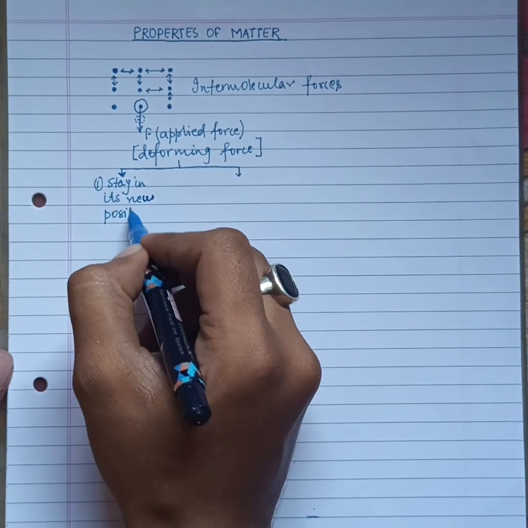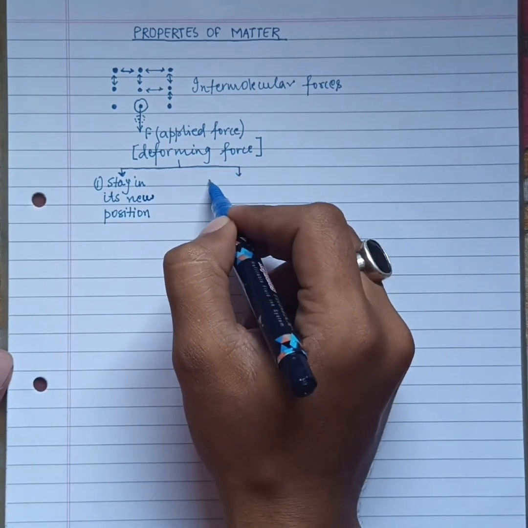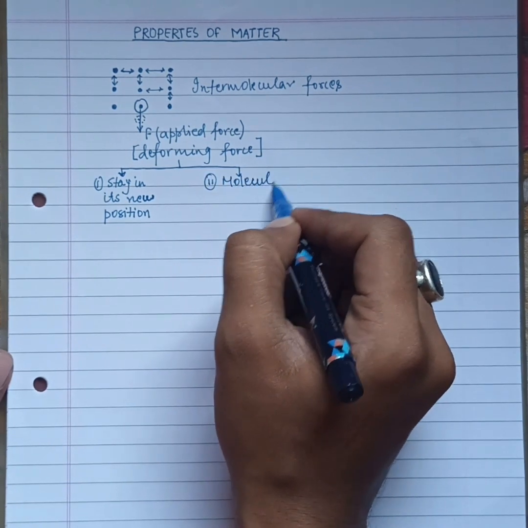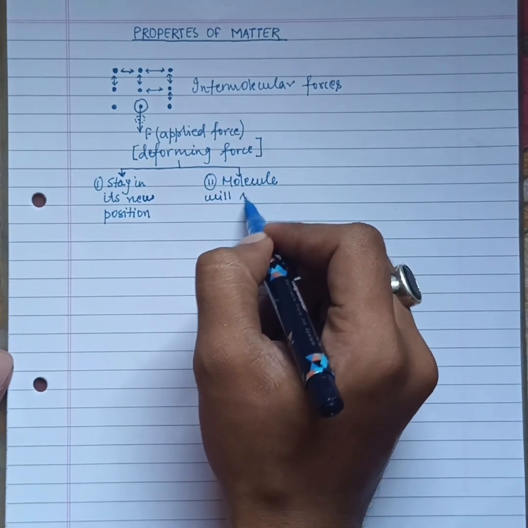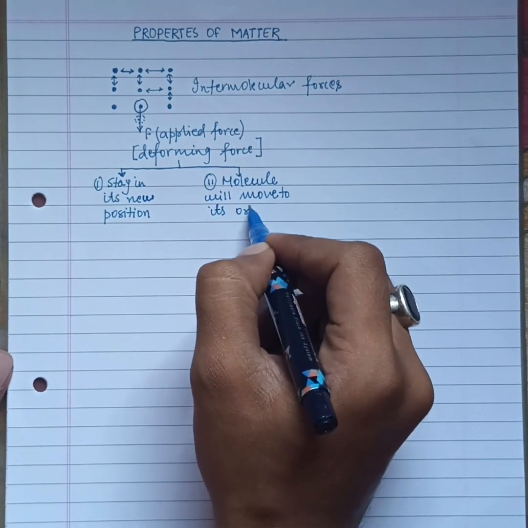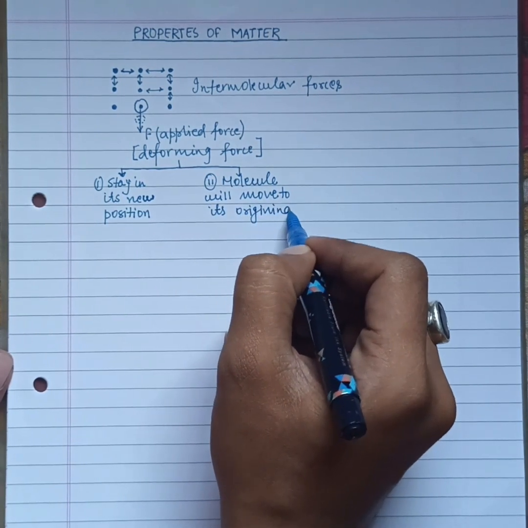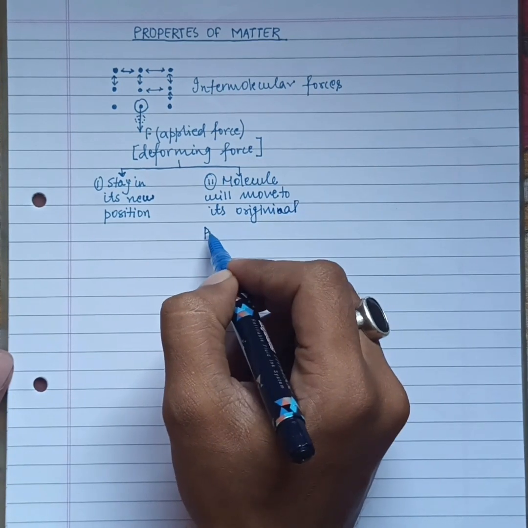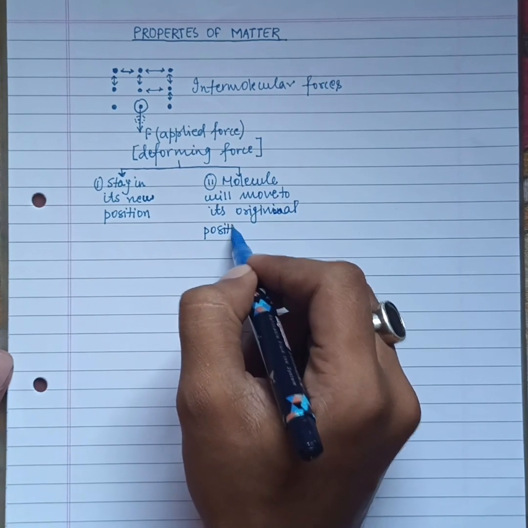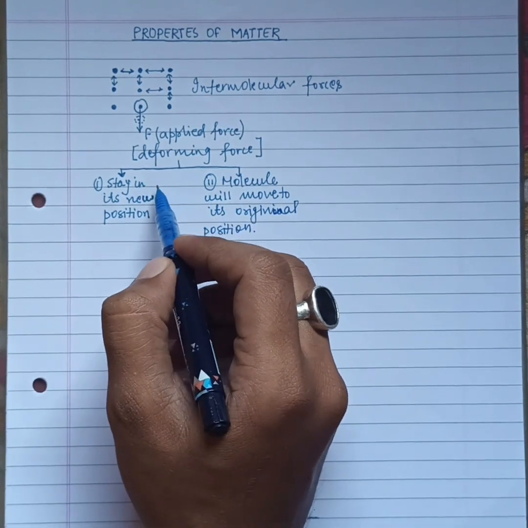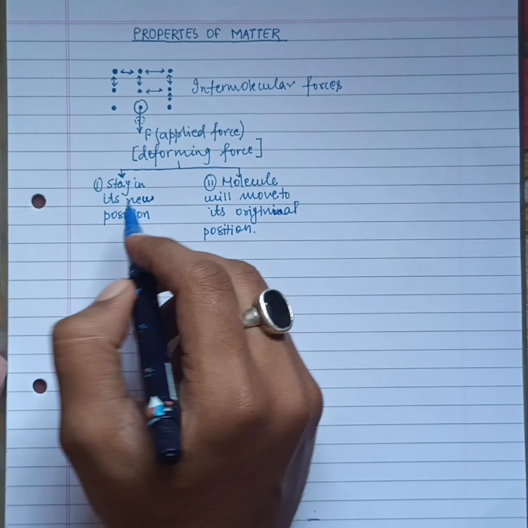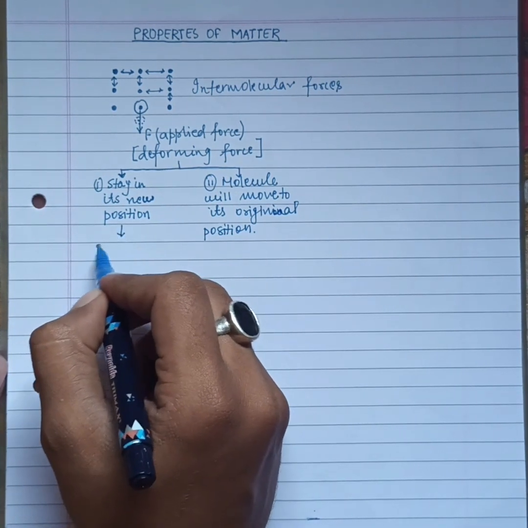The second is that the molecule will move back to its original position. If the molecule stays in its new position after removing the deforming force, then the property of the matter is known as plastic.